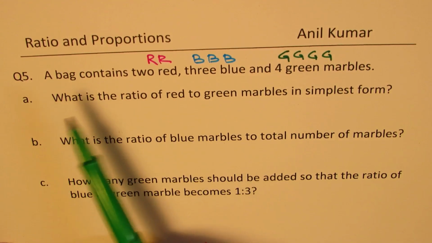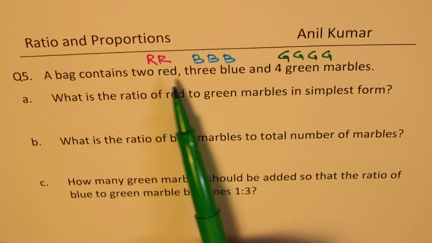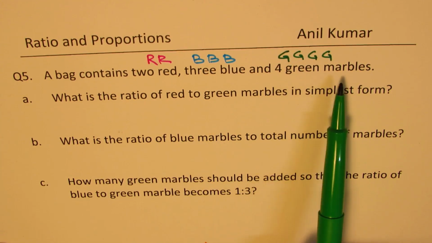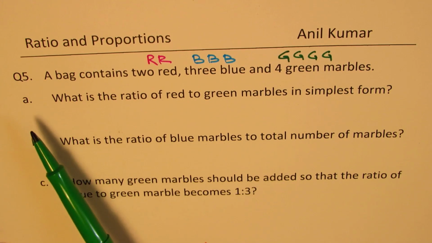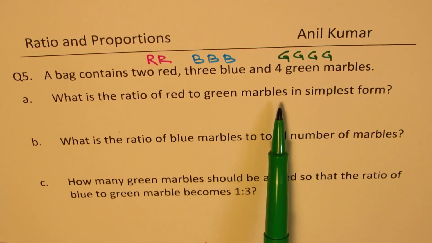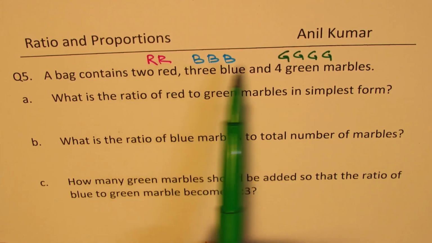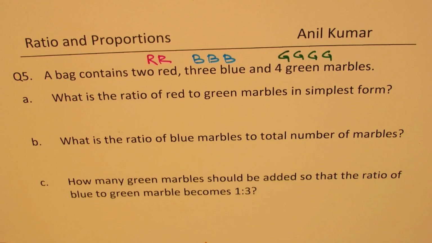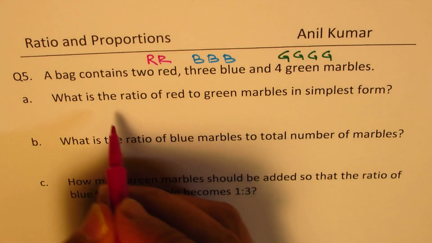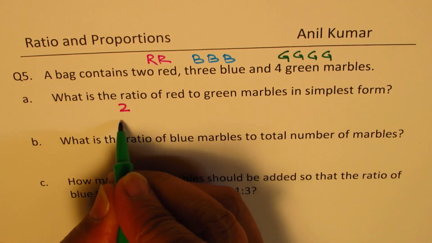So a bag contains only marbles and we have 2 red marbles, 3 blue marbles, and 4 green marbles. The question for you is, what is the ratio of red to green marbles in simplest form? So red to greens, you can see very clearly. We have 2 red, right? And we have 4 green.